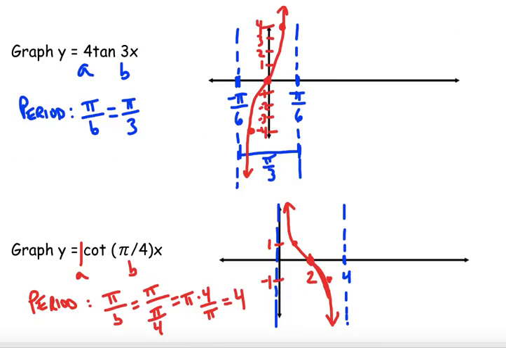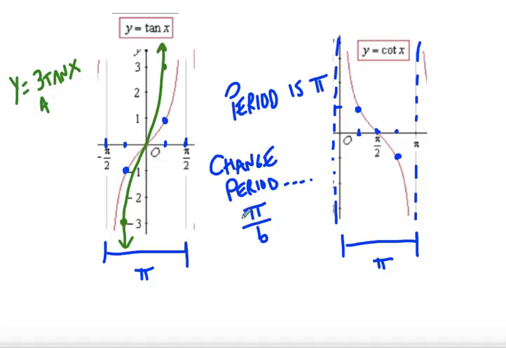But if we go all the way back to the beginning with tangent or cotangent, now it's just pi over b, because the period for a single chunk of tangent is a span of pi. And again, remember, with tangent, whatever the period is, go half of that to the right and half of that to the left. And then that's where you're going to put your asymptotes.